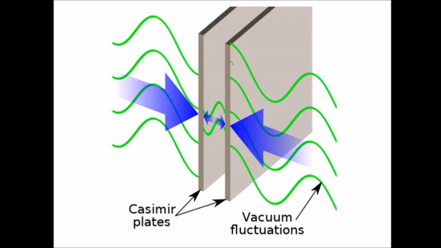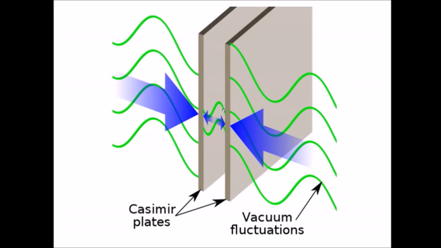The reason is that outside the plates, there are standing waves, and these waves extend to infinity. And over here, there are standing waves. And in between the plates, there are also vacuum fluctuations, which are represented by standing waves here.